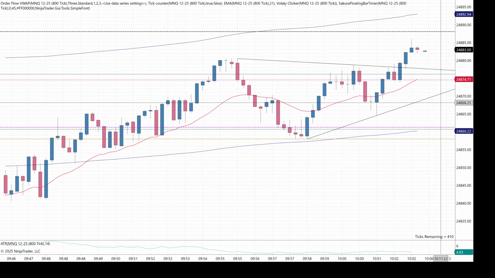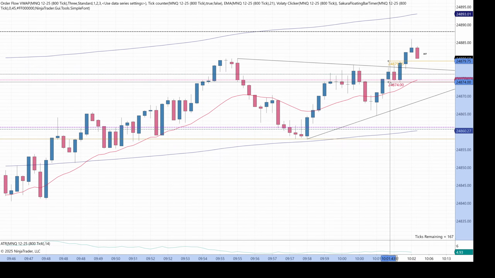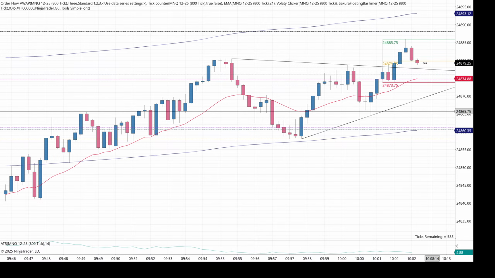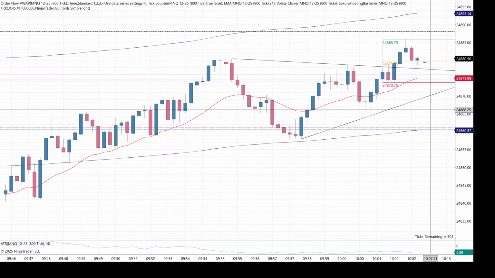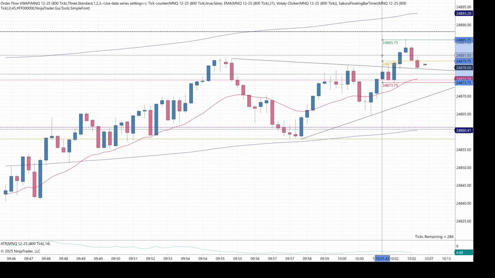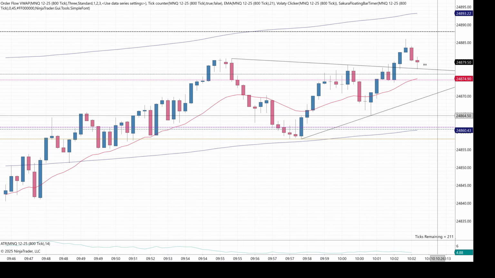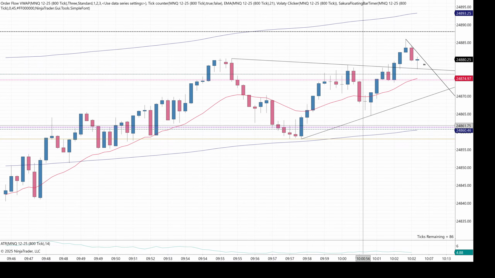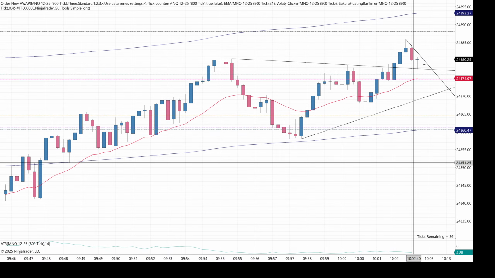Well, I was going to say we probably can take it, but it already hit its target. Wow, that was fast. And the runner would have been taken out. So we need to draw a new downward trend line here. We do move golden ruler up.